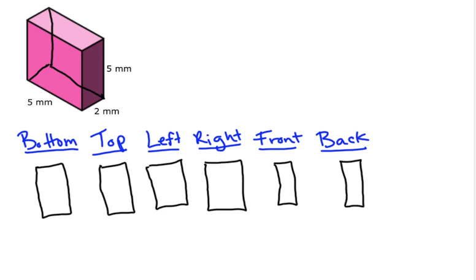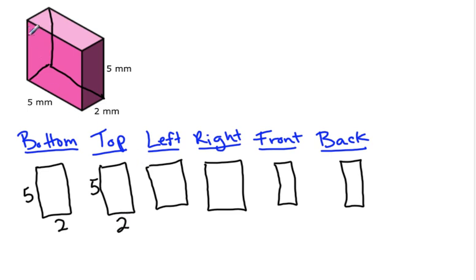We have the bottom, which is 5 by 2. We have the top, which is the same. These lines are parallel, and they are within a 90-degree angle on both sides. So this top is also 5, and the 2 here corresponds to the 2 for the top side, so that's also 2.